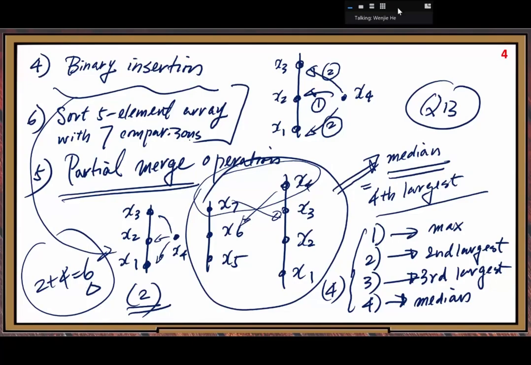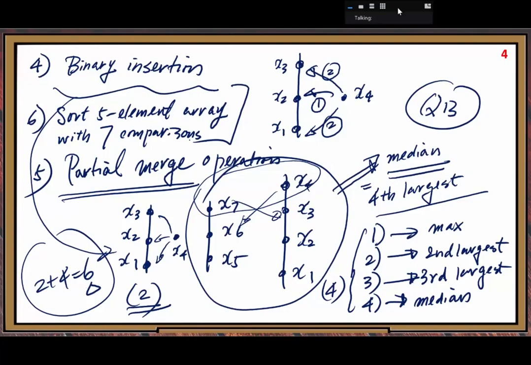Two questions, remember I mentioned in the hint session, I talked about two questions. So I want to give you the result here. Let me switch to my annotation software, PDF annotation.